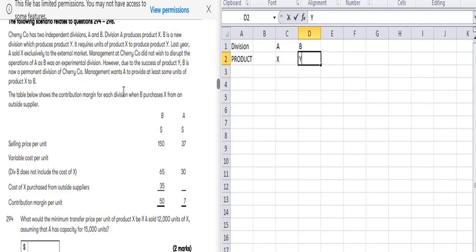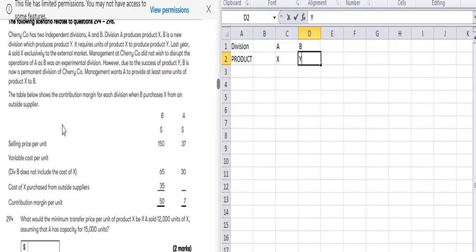So management wants A to provide at least some units of product X to B. Division A, which manufactured product X, should also produce some units for division B.